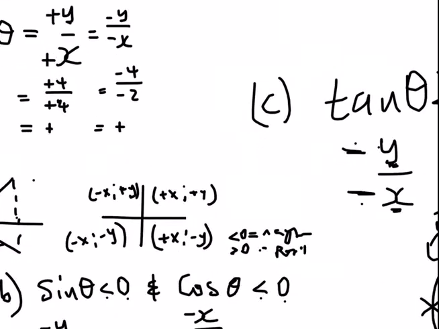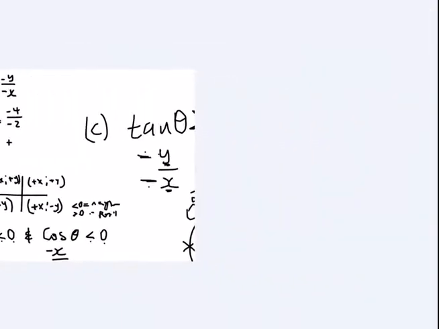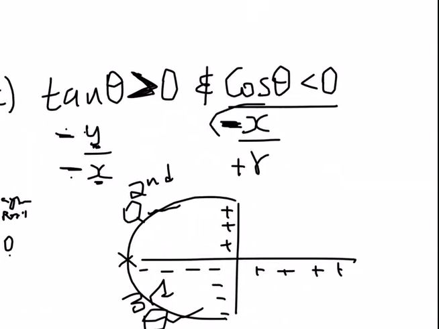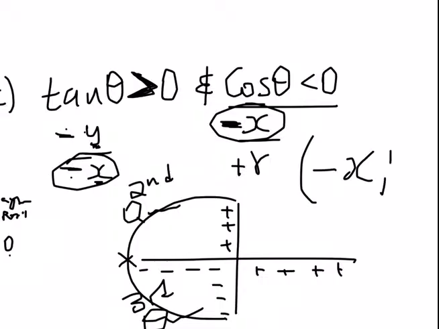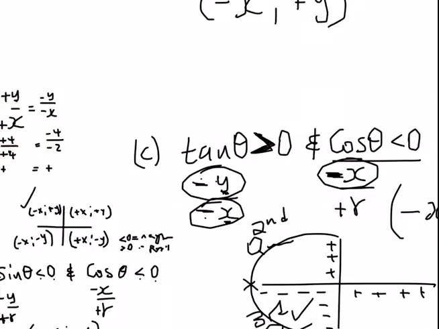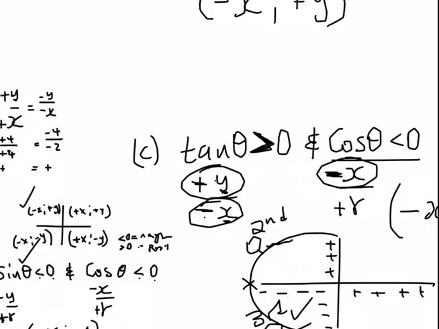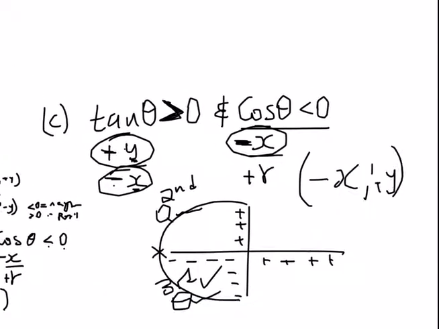So with this one, you see there and there, it is a negative x value, and then a negative y value. That's how we would know that it falls in the third quadrant, because in the third quadrant you have a negative x and a negative y. But if y was positive, with x being negative, that's how we knew it falls in that quadrant.